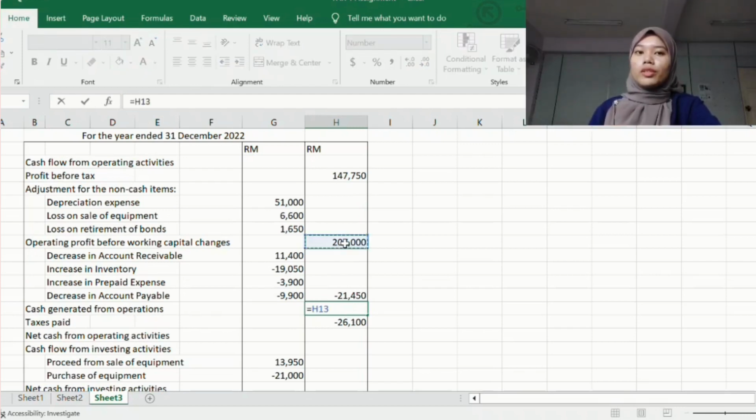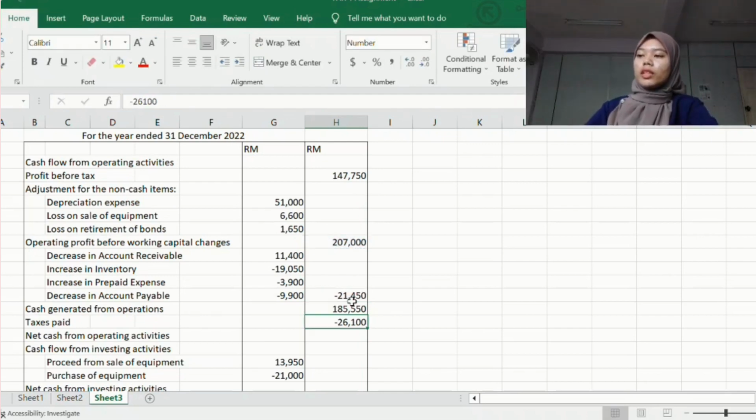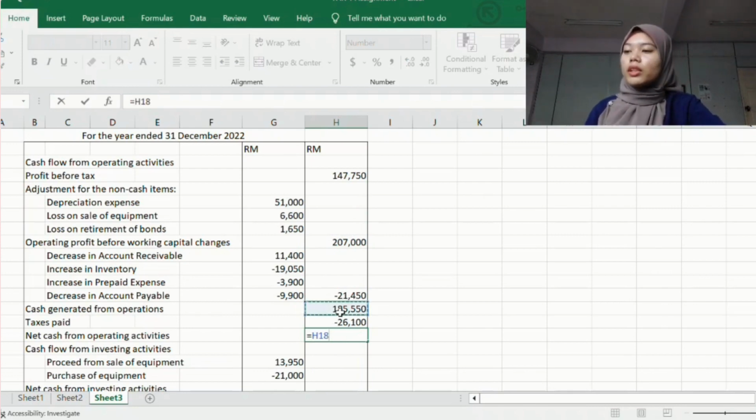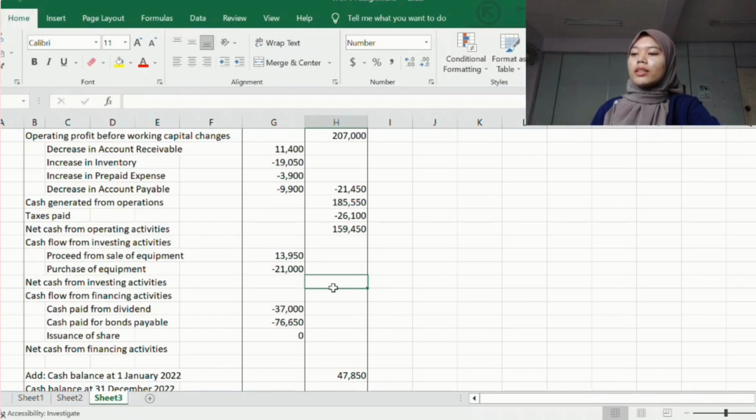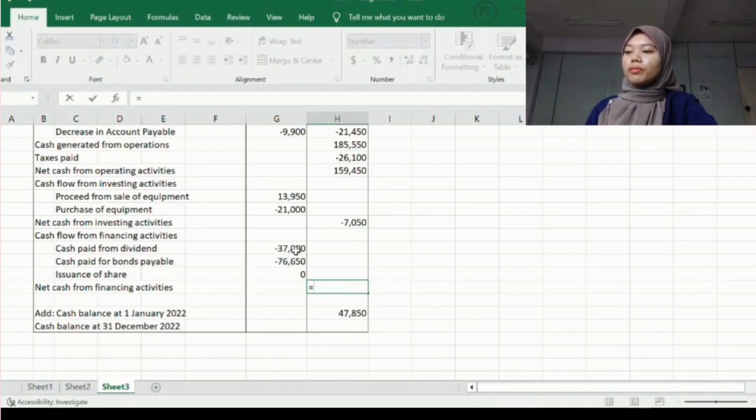After we finish the working capital changes, continue with the net cash from operating activities, cash generated from operations 185,550 minus the tax paid. For the net cash from investing activities, we just plus proceeds from sale and purchase of equipment.